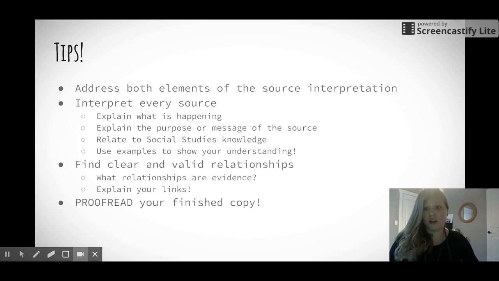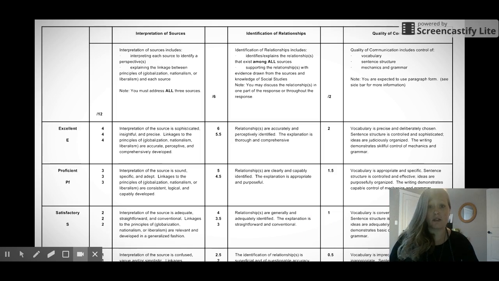Also, proofread your finished copy. Make sure everything makes sense and your writing and everything is on par. You want to proofread to make sure you are doing a good job. So here is a rubric. It's located on your course homepage, so take a look at it, familiarize yourself with it.